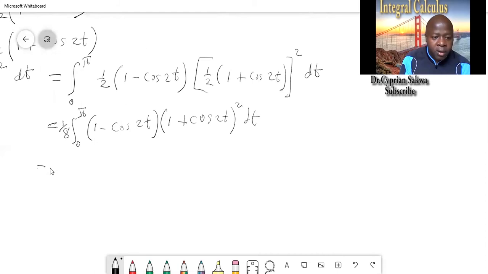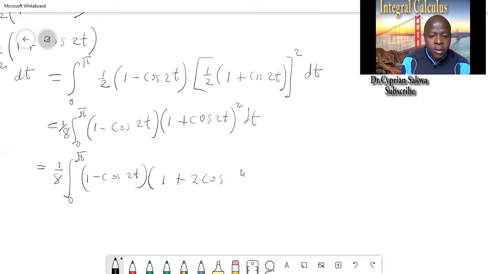So I would have 1 over 8, the integral from 0 to pi of 1 minus cos of 2t multiplied by, let me expand this, and doing that I would have 1 plus 2 cos of 2t, and then plus cos square 2t, dt.